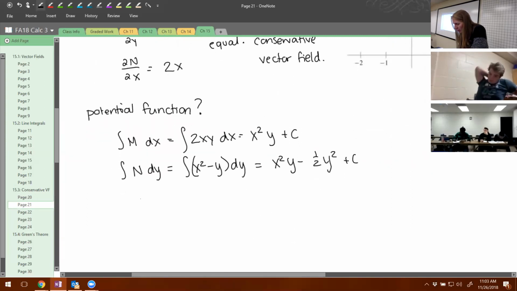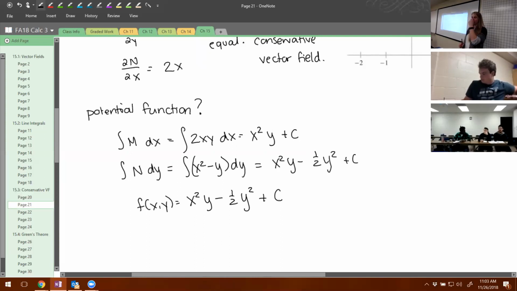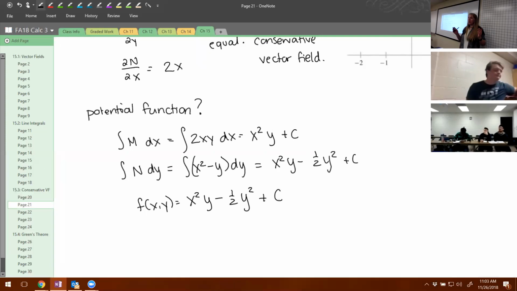Which means what is our potential function? x squared y minus 1/2 y squared plus c.